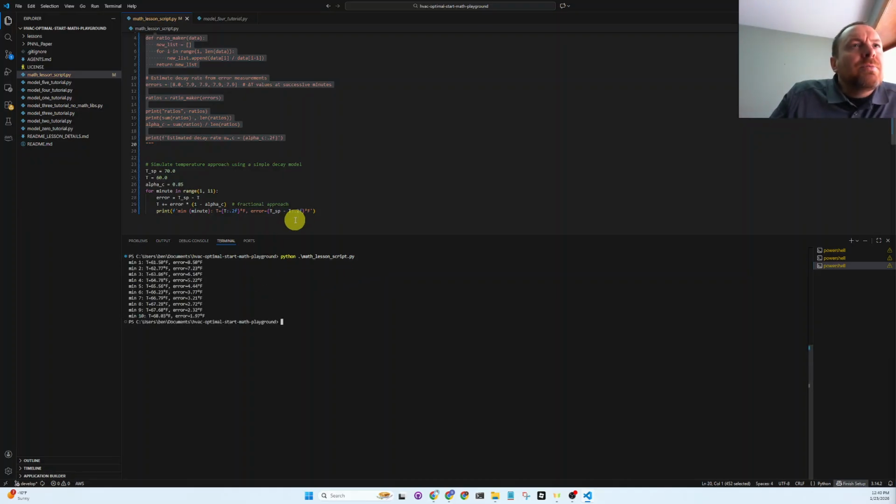Okay, so what do we got here? So we have a range loop, so this will iterate through this 10 times, and it looks like they're doing some kind of, that's our zone set point, and then they're adding some kind of error multiplied by a decay ratio.